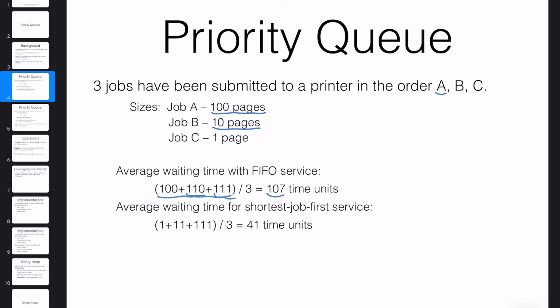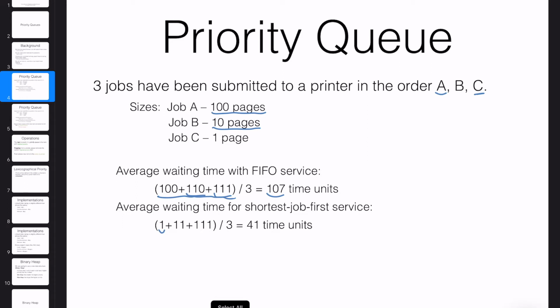So the first job printed is going to be C, the shortest one. For job C, the waiting time is just 1, since it hasn't been waiting for anything else.